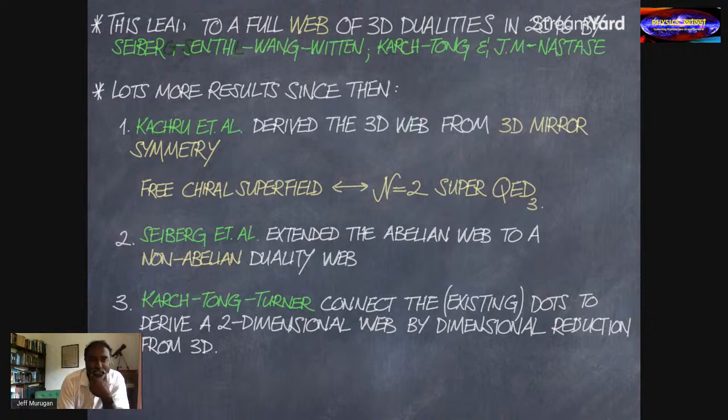The first is that Shamit Kachru and his collaborators, pretty soon after the work, circa October maybe of 2016, were able to show that you can derive this 3-dimensional web of non-supersymmetric dualities from a supersymmetric master theory and a master duality. And that master duality is what we call 3-dimensional mirror symmetry, which relates a free chiral superfield to a supersymmetric 3-dimensional version of quantum electrodynamics.